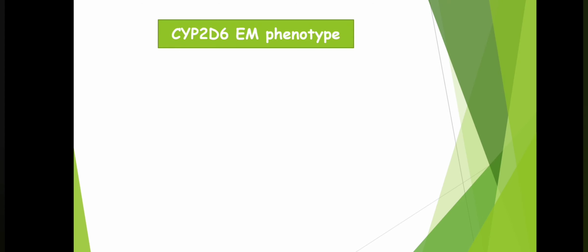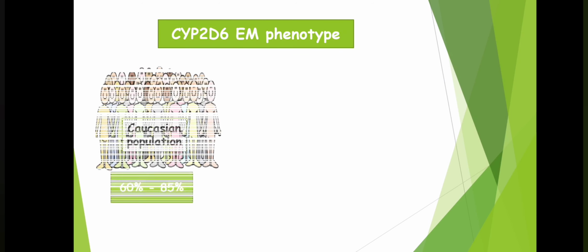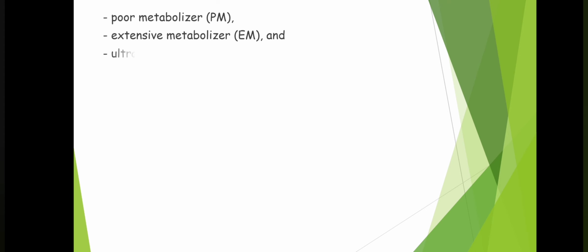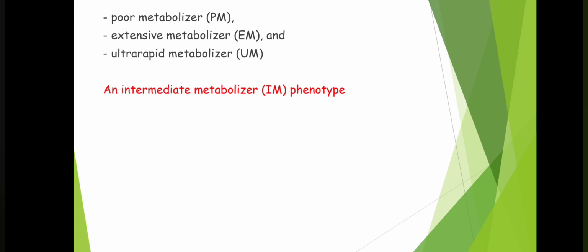The extensive metabolizer phenotype mainly includes 60 to 85% of the Caucasian population and has a normal enzymatic activity, that is CYP2D6*1.